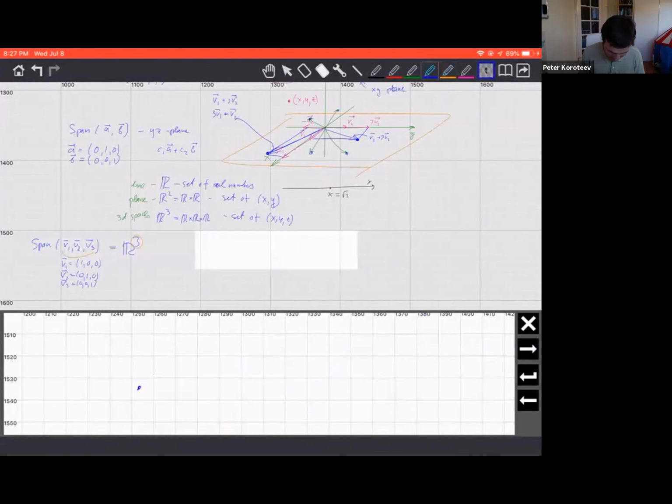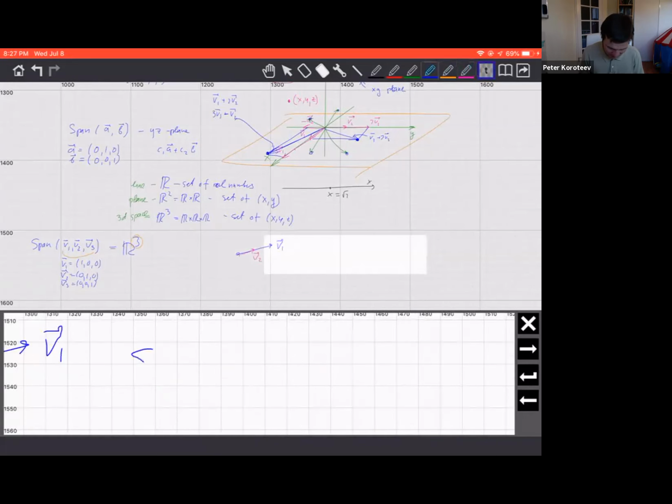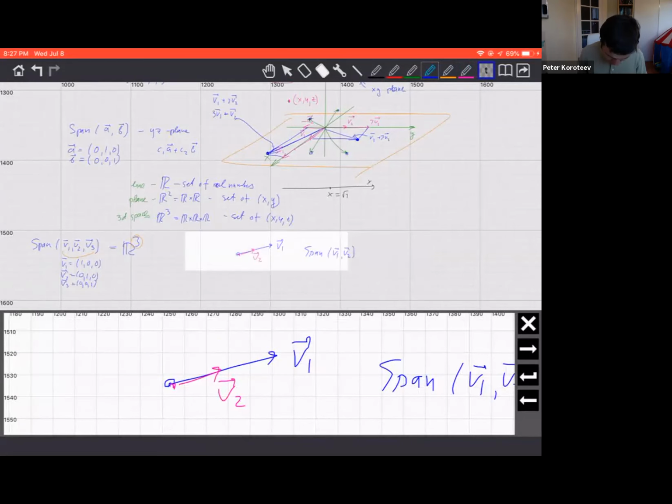So if you have a vector v1 that goes this way, and vector v2 is just parallel to it and has a smaller or bigger length, then if you take the span of these two vectors, you're still going to get a line.